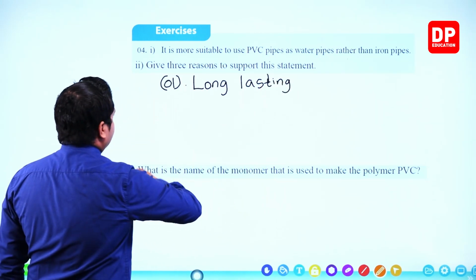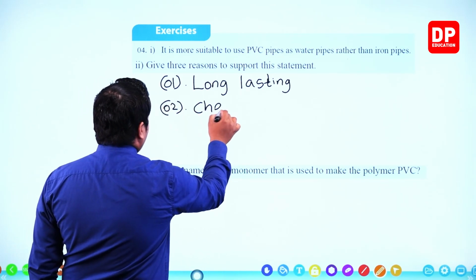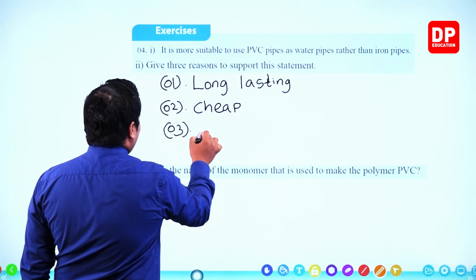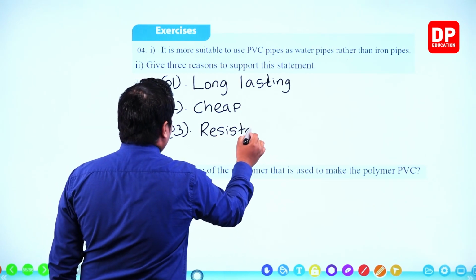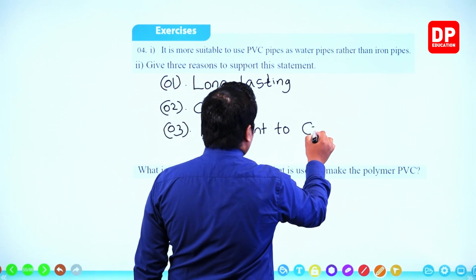Number 2, cheap. Number 3, resistant to corrosion.